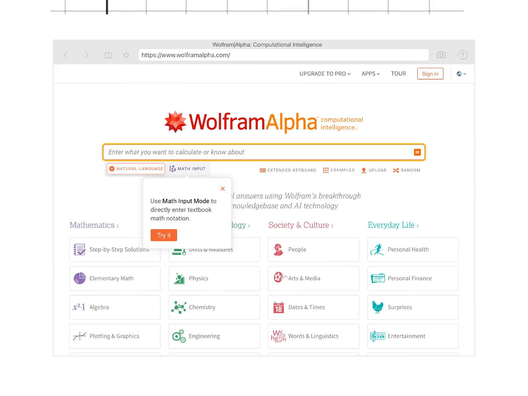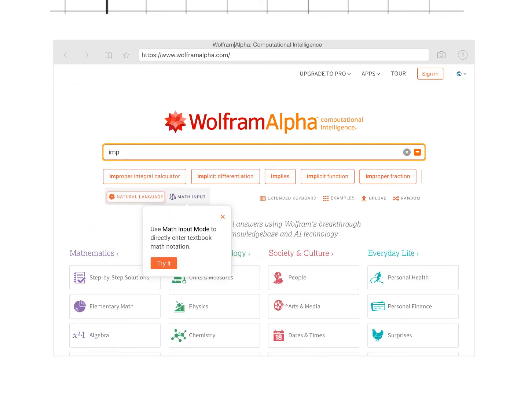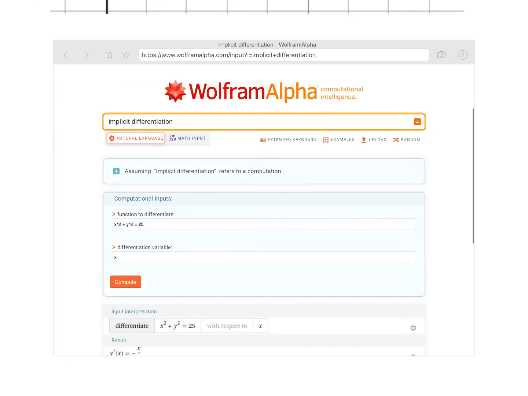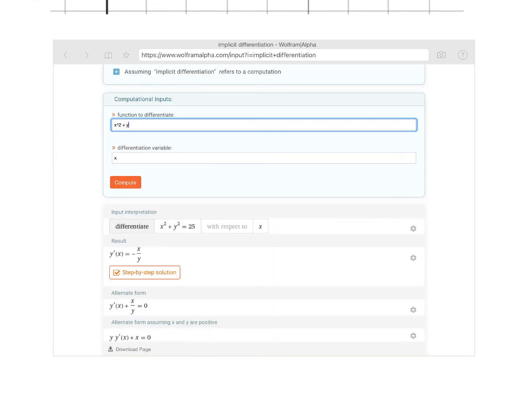So now I'm going to show you how to check your implicit derivatives. If you just go to Wolfram Alpha and you start typing implicit, implicit differentiation pops up. We type in the implicit relationship whose derivative we want to find.